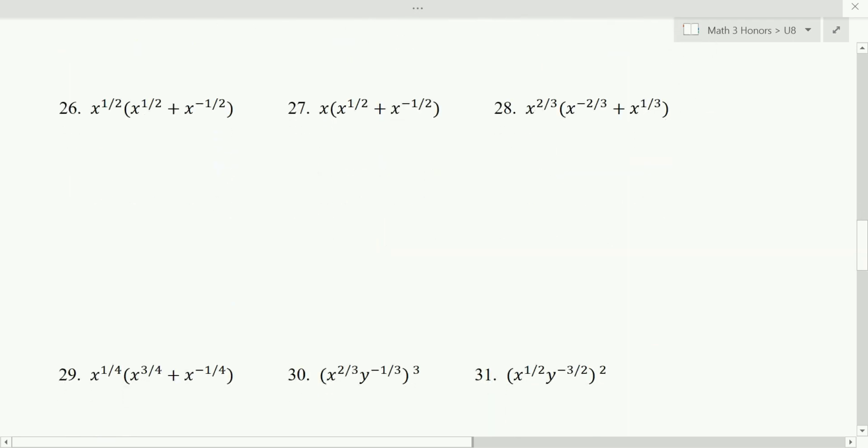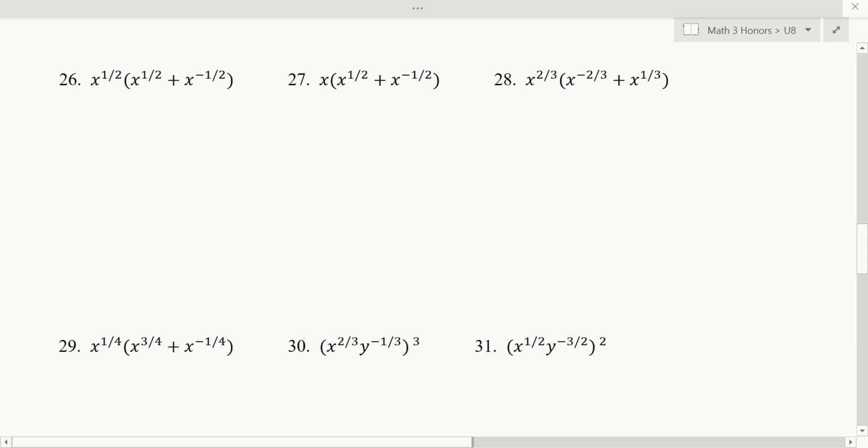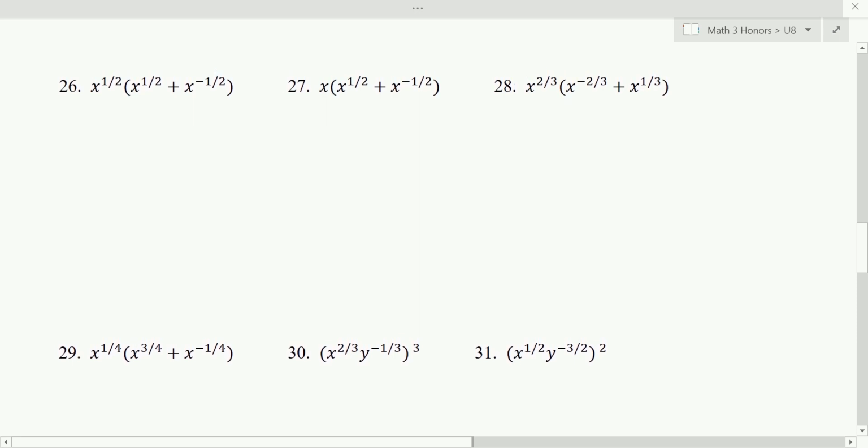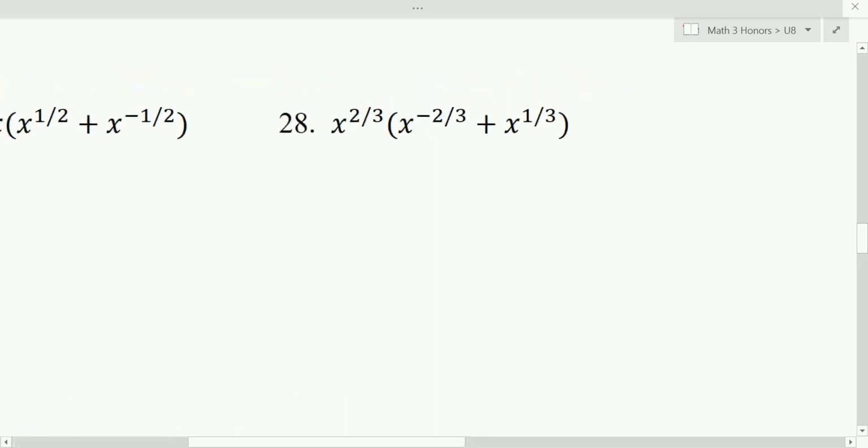Let's take a look at one of these at least. On 26 to 29, any requests? 28? Okay, let's look at 28. When you multiply, we got the same base. What do you do with the exponents? You add them.